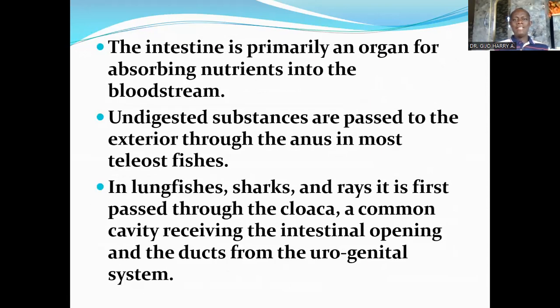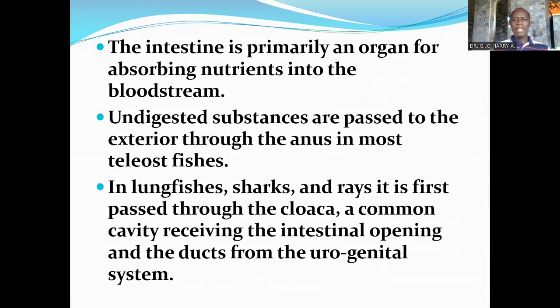The intestine of the fish is primarily an organ for absorbing nutrients into the bloodstream. Once the food is digested in the stomach, the digested food is absorbed in the intestine, just as it is in mammals and other vertebrates, including birds.